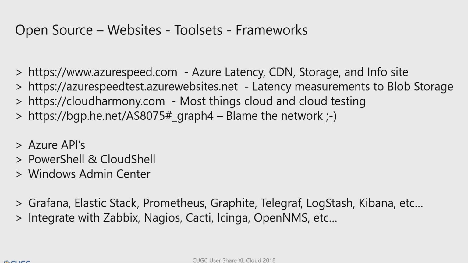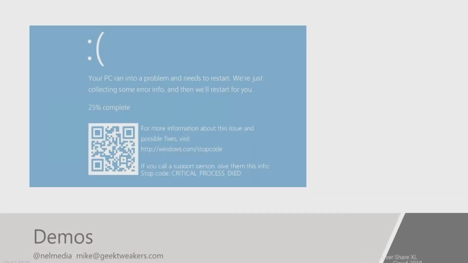And this is just some of them. I'm going to show you the Grafana solution, but I have used Elastic Stack, which is really cool. It's kind of a little bit more complicated, but it's really cool. And then you can also integrate with some other open source network management systems. All right. So let's move on to the demos now.